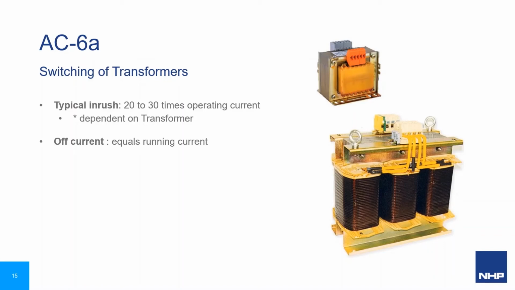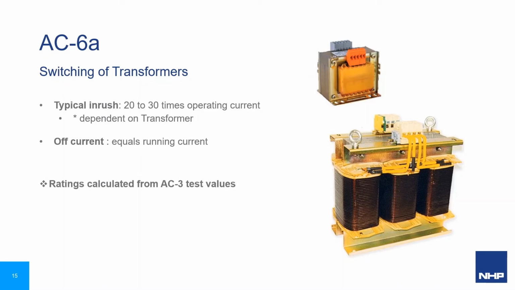The factor N of a transformer is defined as the inrush peak versus the operational current. Whilst the N factor is specified by the transformer manufacturer, if it is unknown, as a guide, the following factors are given. Small transformers up to 1 kVA use N factor of 20, and above this use N factor of 30.